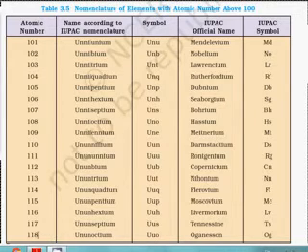Similarly, for 118 we can write UN for 1, UN for 1, and OCT for 8, and IUM. So the symbol will be UUO. Now their official names after they were discovered: Mendelevium, Nobelium, Lawrencium, Rutherfordium, Dubnium, Seaborgium, and further you can remember all the names and their IUPAC symbols.